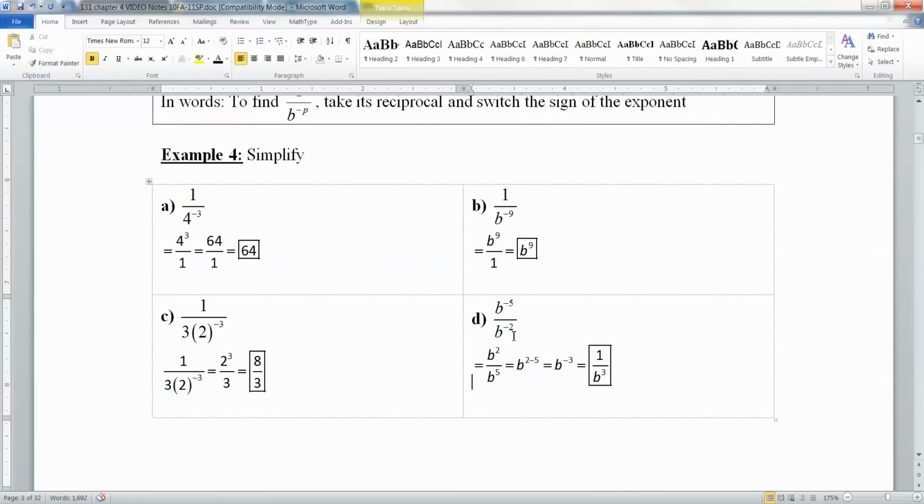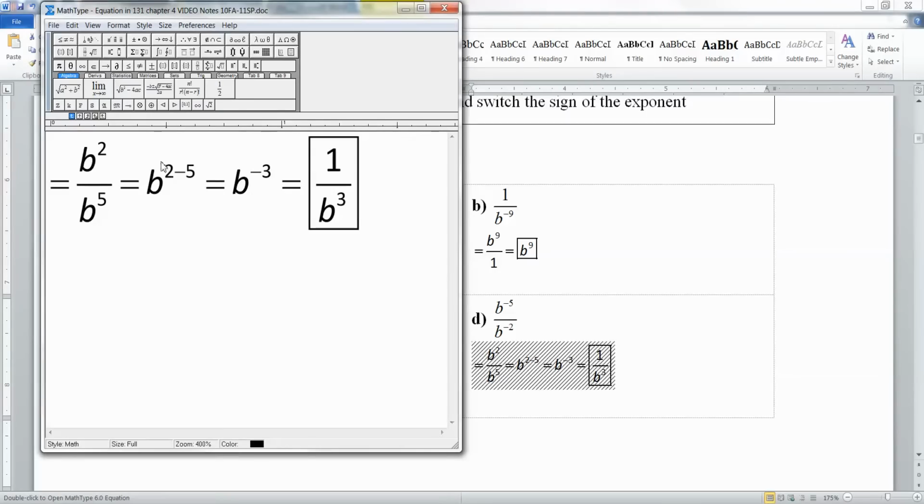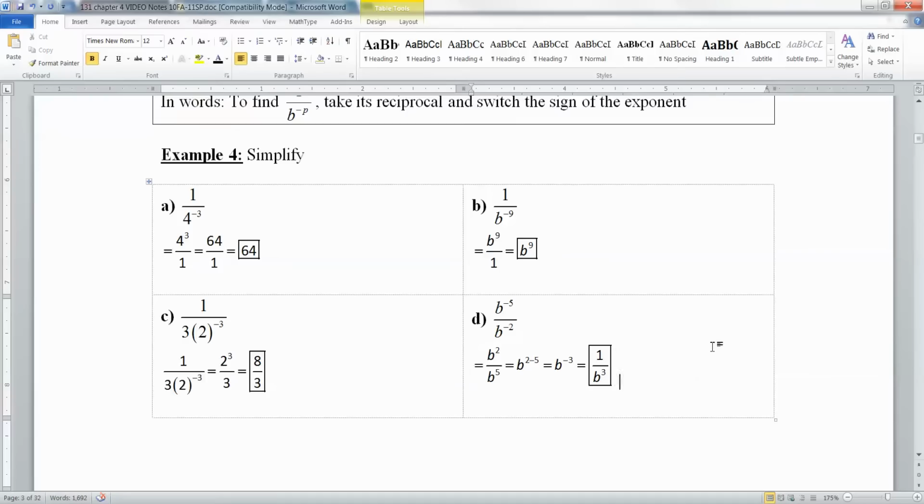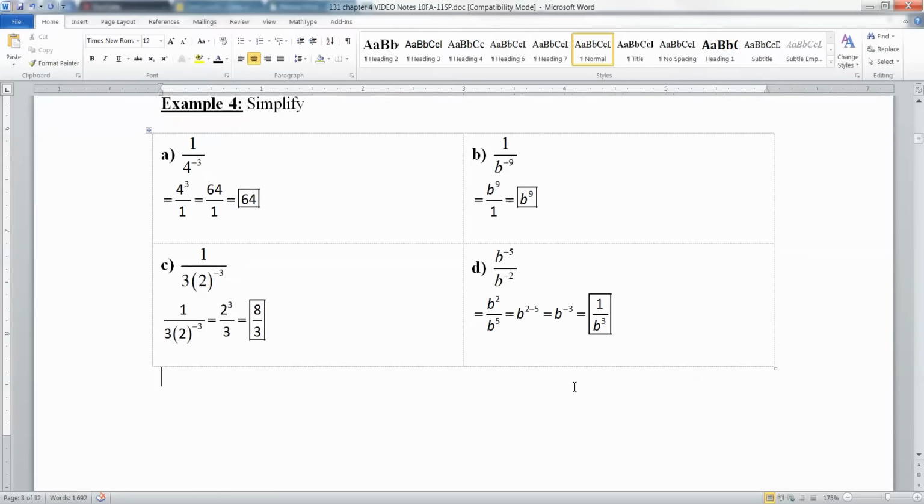Because people don't do the subtractions with the negatives correctly, etc. So if you want to think of it as canceling, which is a terrible term, it's really more division. If you want to think of it that way, then that's fine, but make it so the powers are positive. If you never want to go wrong, then just use the subtraction property. It's 2 take away 5, that's a negative, that means it's in the denominator. It may be one more step, but you won't be incorrect with it. Personally, I do both.